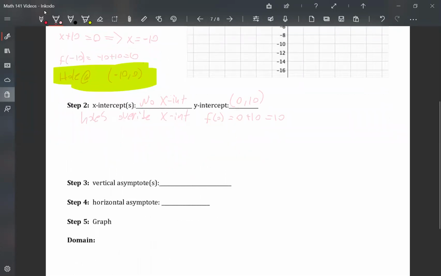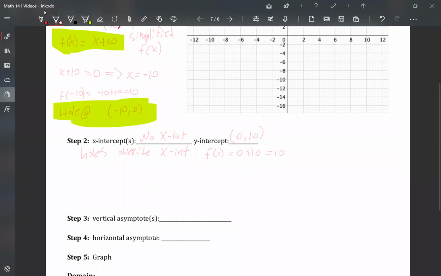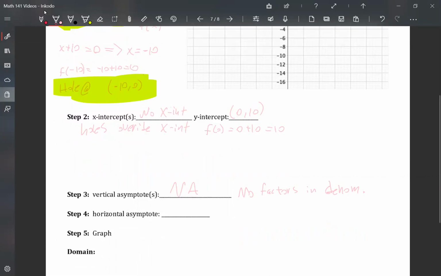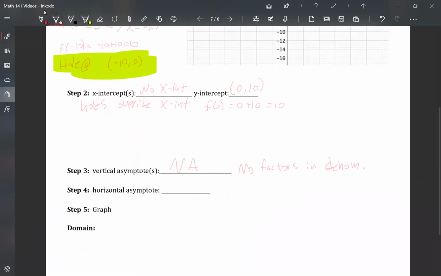Now let's look at the vertical asymptote. As you can see from our simplified function, we no longer have any factors in the denominator. So no factors in the denominator, which means there is no vertical asymptote. So not any. Then we look at horizontal asymptotes.